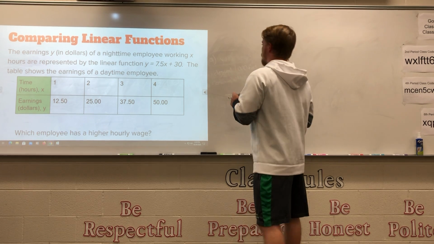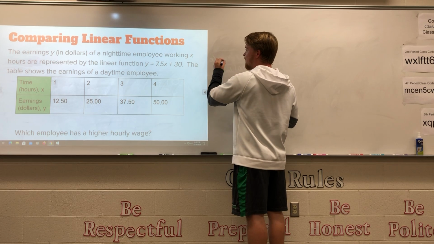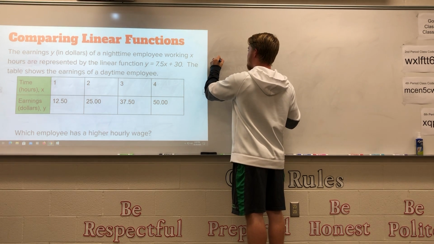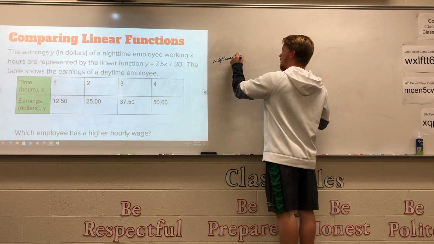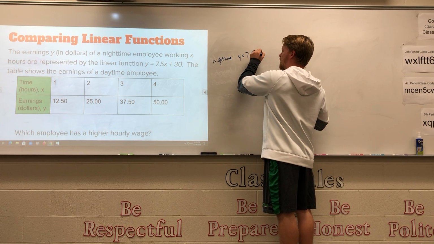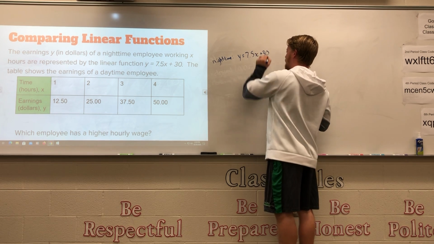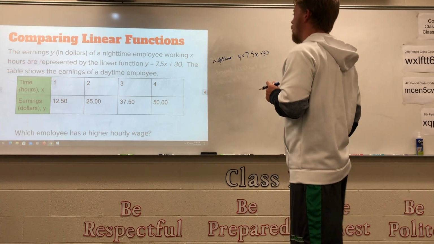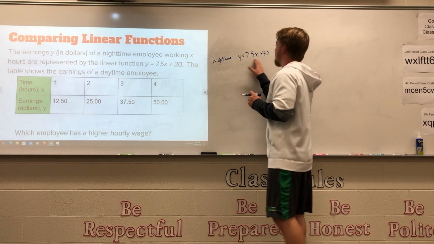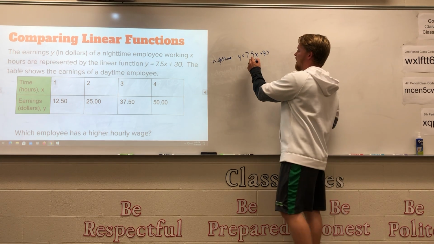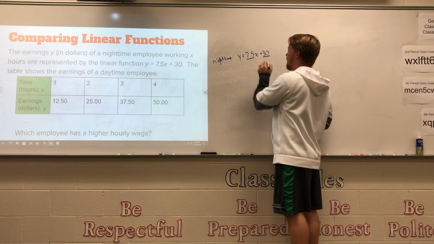So, a couple ways you can look at this. First of all, my nighttime employee is y equals 7.5x plus 30. If I'm looking at this, we have two important numbers here, 7.5 and 30.